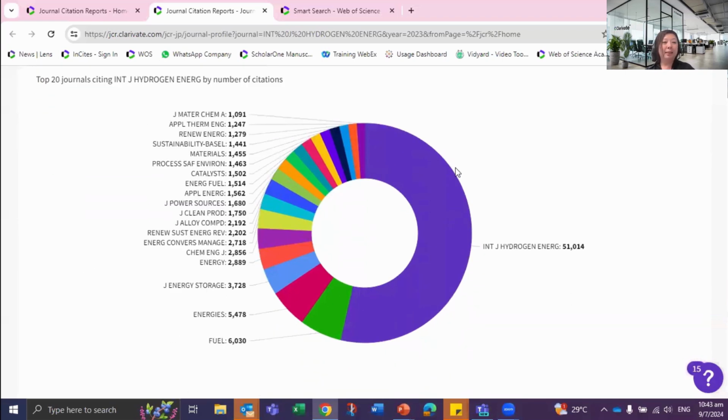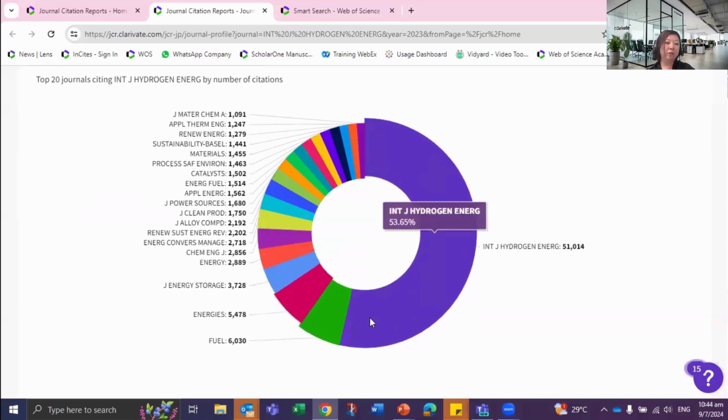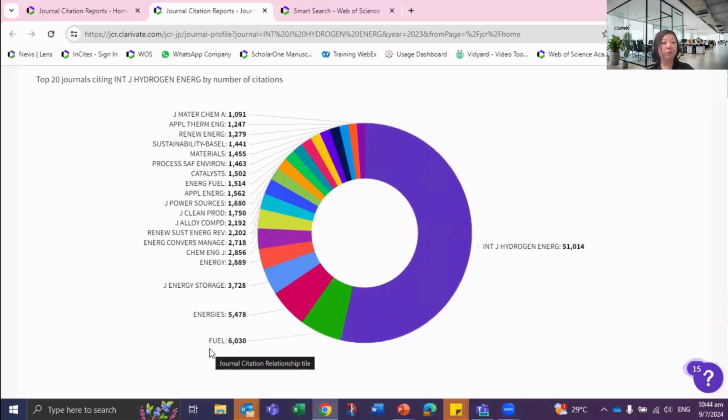But this relationship wheel can also be useful. The bigger the portion here means that they have a bigger relationship in terms of citations with the original one that you were looking at. So potentially you could submit to Fuel or Energies, but this is a very high level guideline. You would still have to go into the journal themselves, look at the aims and scopes, and determine whether that's actually suitable. Okay.